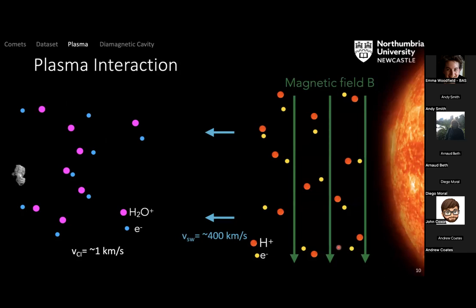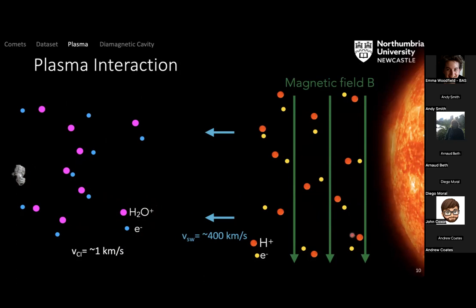Right. So what actually happens at the comet? Well, on the left-hand side here, we have the nucleus that spits out the gas that then gets ionized. The gas that comes out of it is mostly H2O+. And it comes out at very low velocities of about 1 kilometer per second, sometimes even lower. And that's the cometary plasma.